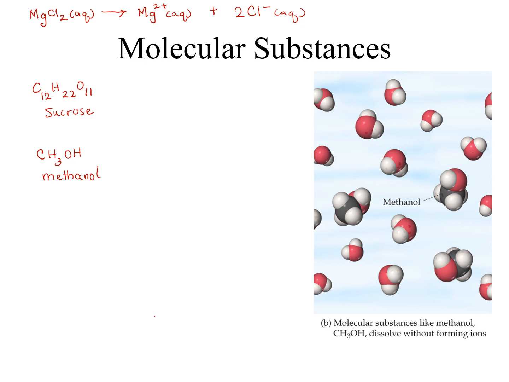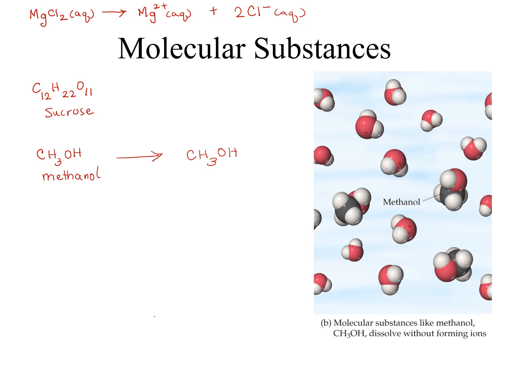Now molecular substances, when they dissolve in water, interact with water, but they do not separate out into ions. So methanol, when it dissolves in water, still remains intact, the carbon, hydrogens, and oxygens still remain together. The molecules separate from each other in the bulk water.